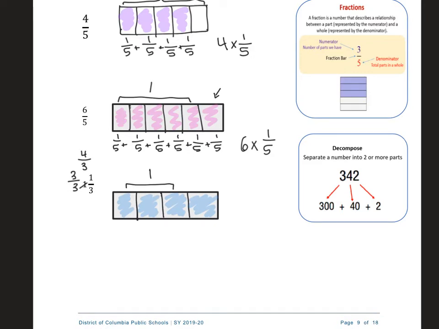And I'm going to decompose this into unit fractions. I have 1/3 plus 1/3 plus 1/3 plus 1/3. That's the same as 4 copies of 1/3. You can go ahead and go on to the next page.